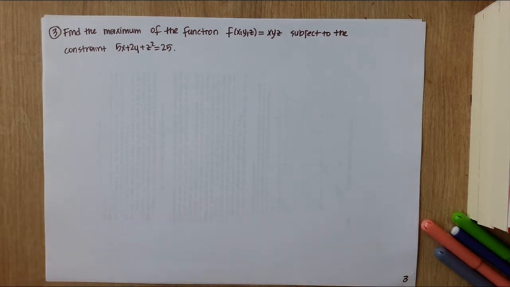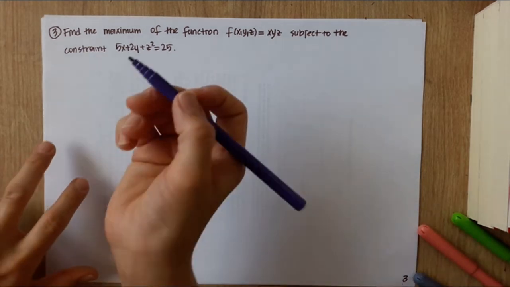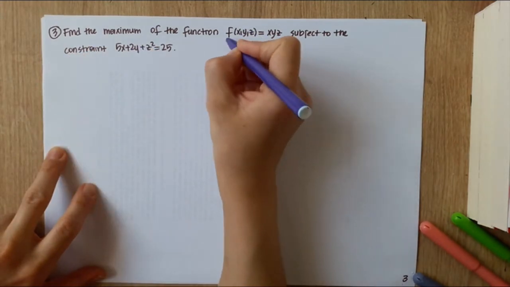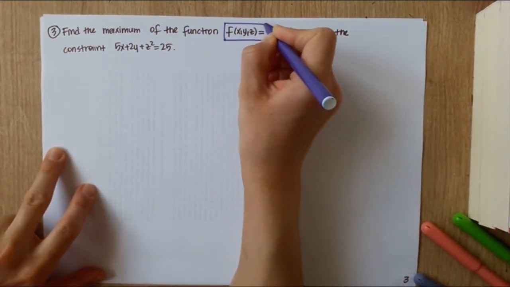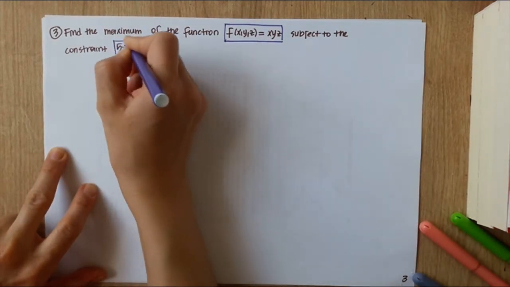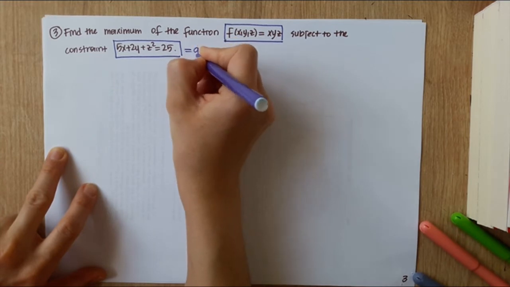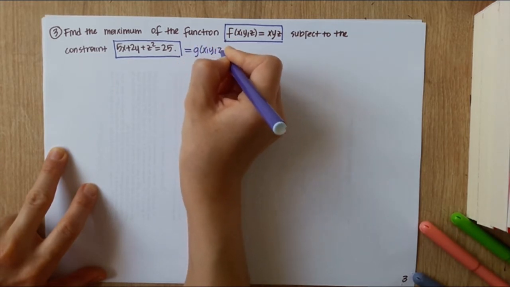And we have a constraint function again. We know what the function to be maximized is, and it is directly given in the question that this is the constraint function. So I will define this as g of x, y, z, okay?